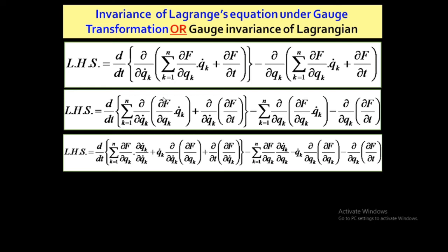Write the first function as it is, del f by del qk, take the derivative of the second, del by del qk dot upon del qk dot, plus write the second function, qk dot, and take the derivative of the first, del by del qk dot of del f by del qk. So these are the two functions and I have to apply the product rule: first function, derivative of second, plus second function, derivative of first, with respect to qk dot.